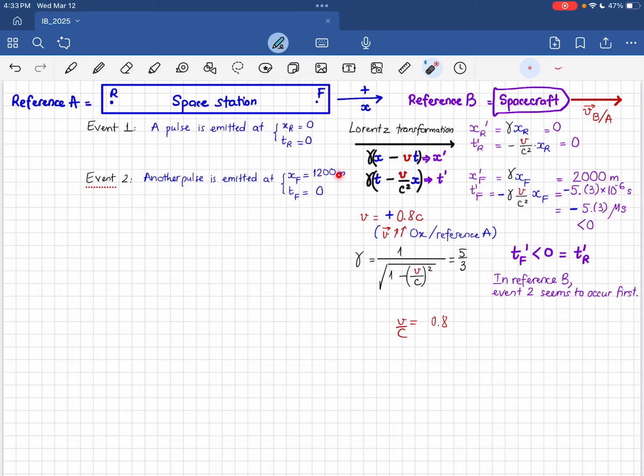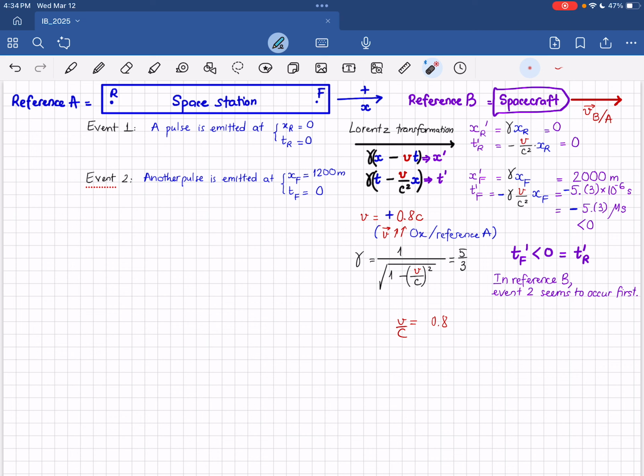They happen at the same time, so why not just choose them to be 0, right? Easy. Then from this, we have XR and TR. Then you just plug those into this equation, and you can find XR in reference frame B and TR in reference frame B.